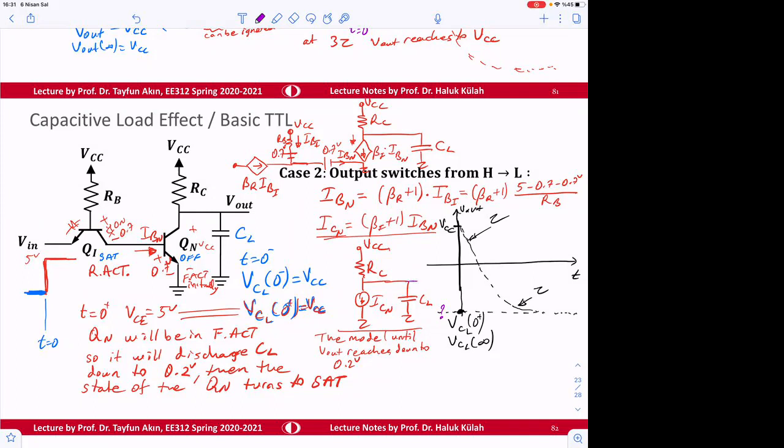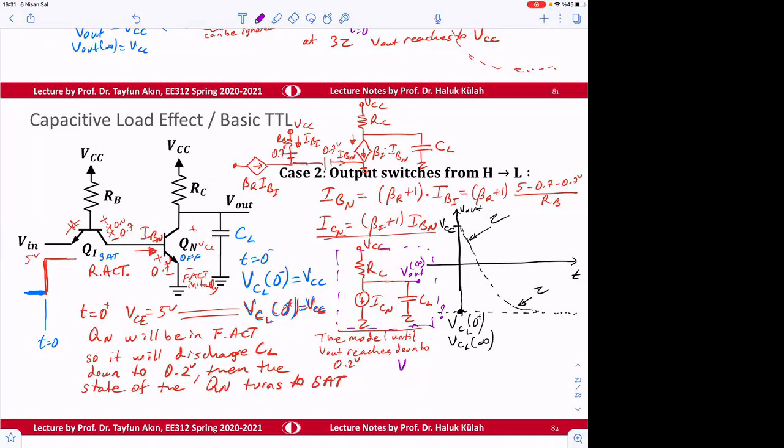0.2 volts. No. That's the point where the state is going to change. At infinity, think about just this circuit here. Don't think about anything else. This is the circuit. What is V out at infinity? I think it will act as an open circuit since there is only DC. Yes, so CL will be open circuit.